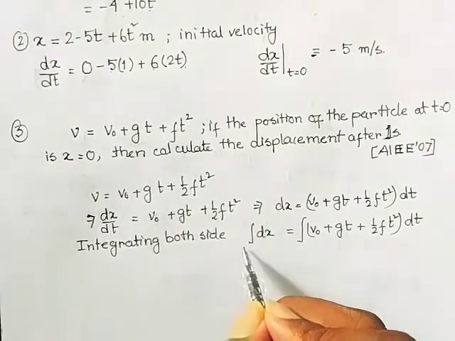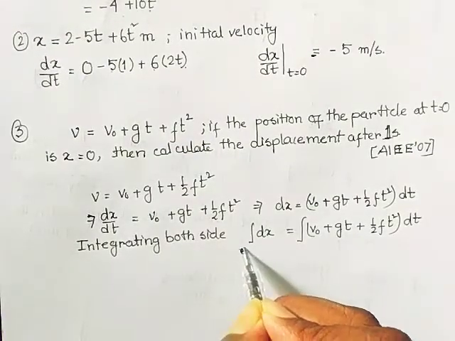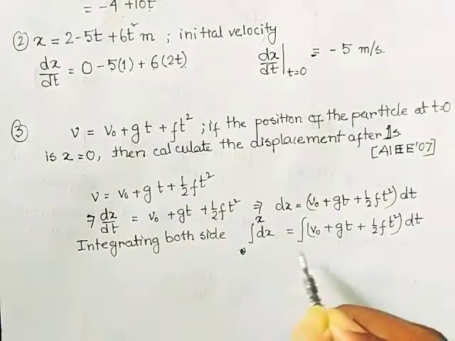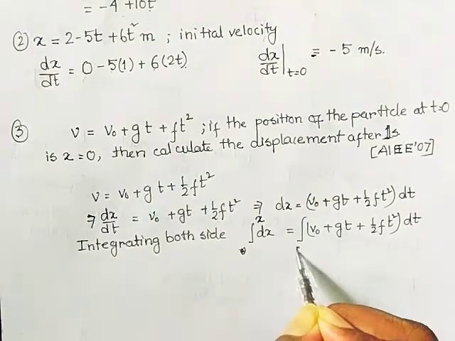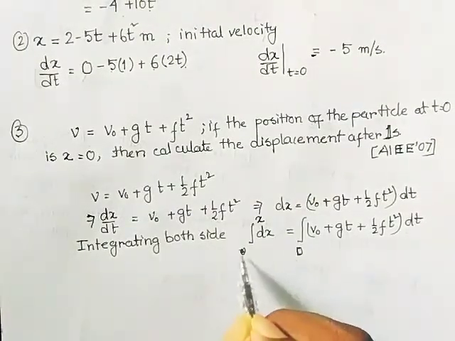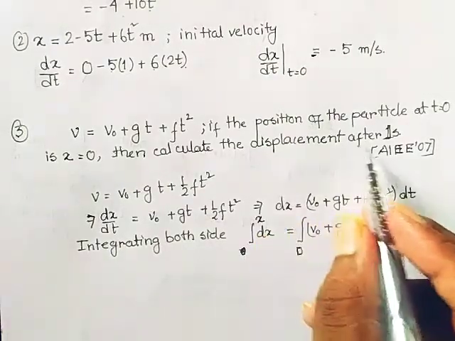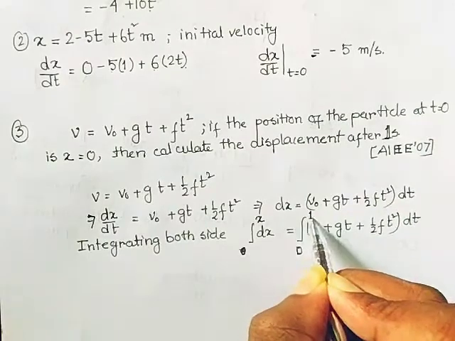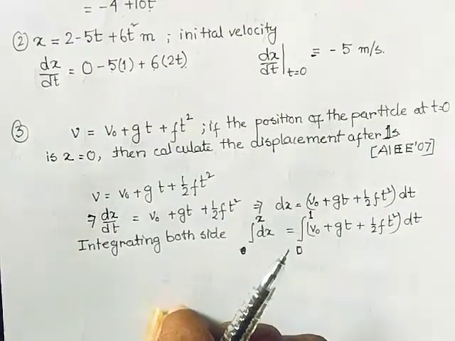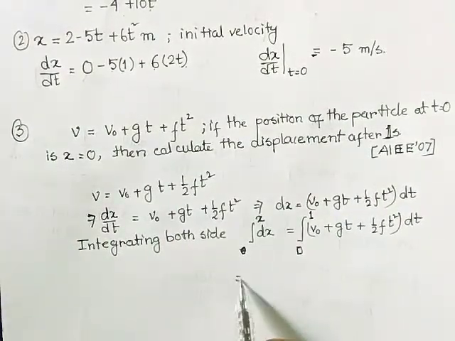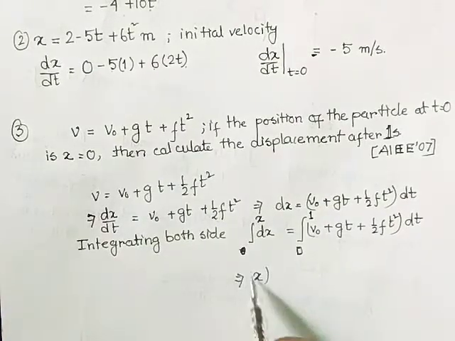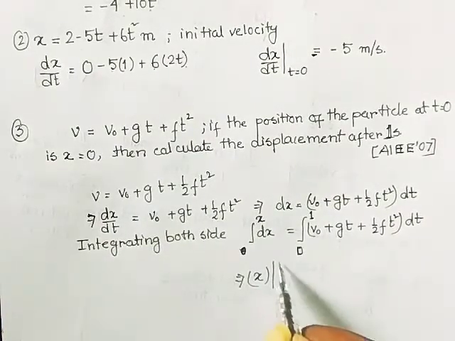The limit of the integration will be 0 to x at t equal to 0. At the time t equal to 0, the particle is at x equal to 0, and we have to calculate displacement after the time once again. So the upper limit here will be 1. So integration of this gives x. The limits are 0 and x.